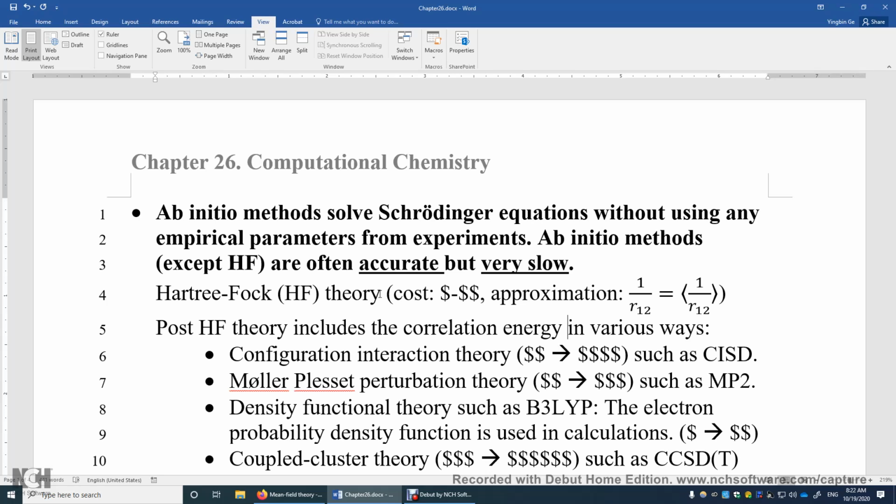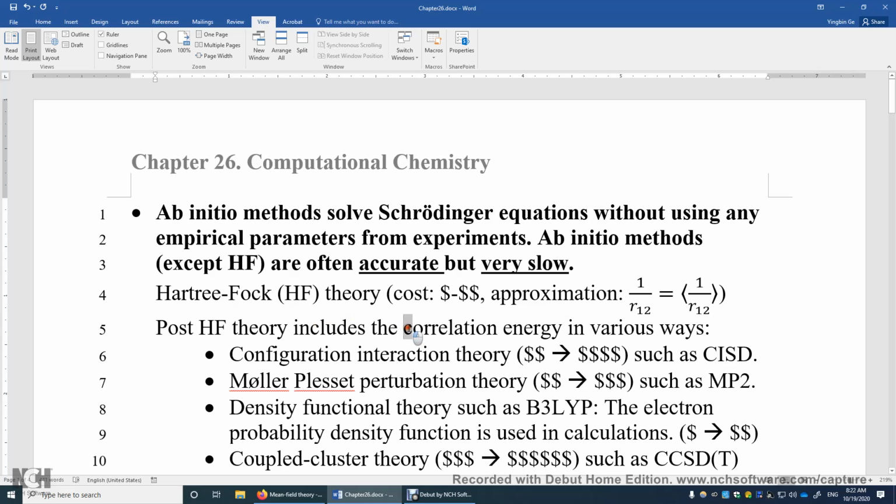And this is a very inaccurate description of the electron repulsion. So the Hartree-Fock energy calculated with the Hartree-Fock method is often much higher than the exact energy of the molecule. The difference between the Hartree-Fock energy and the exact energy is the so-called correlation energy.